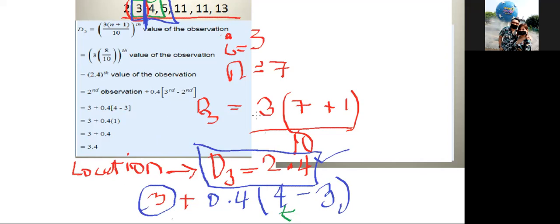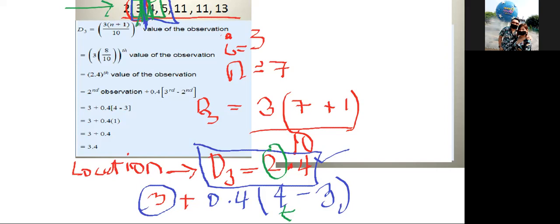So I started with the second data, which in this case is 3. So I had 3 here, plus 0.4. So we have still 0.4 here. Okay, so plus 0.4 times the difference. So we need to subtract the two data where the middle part is located.